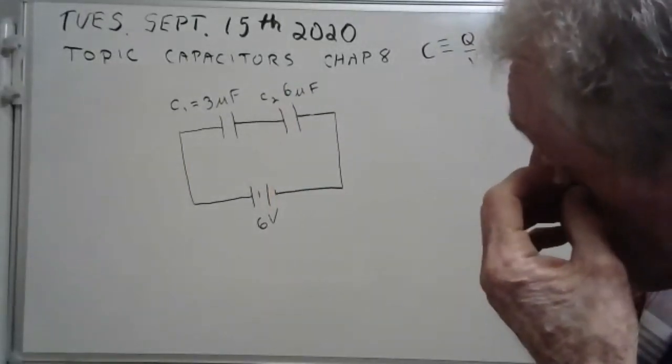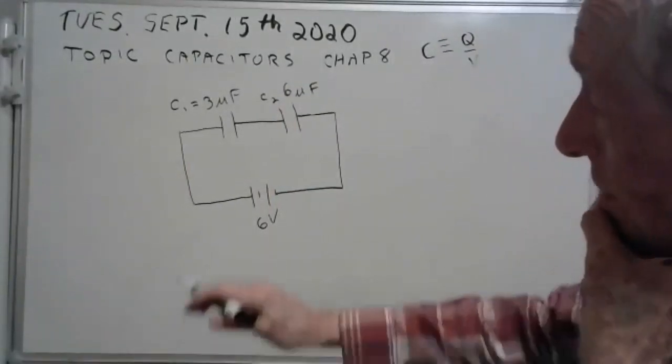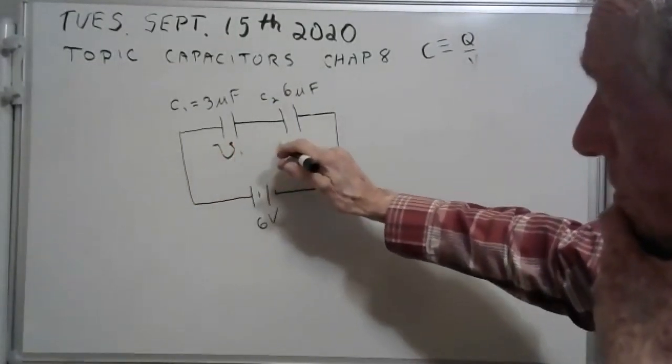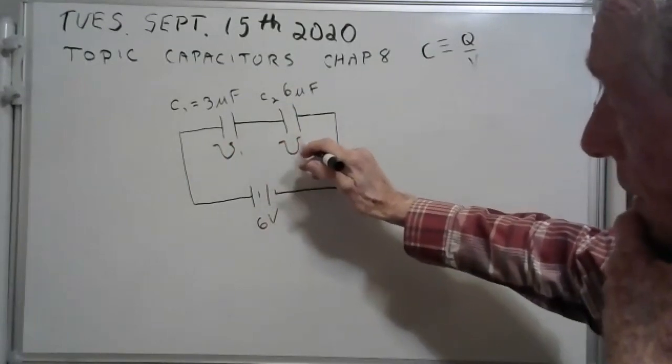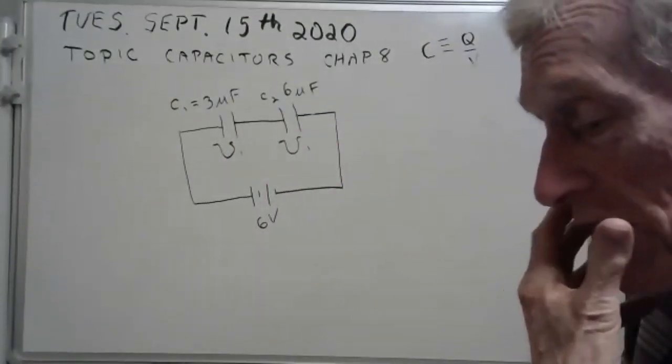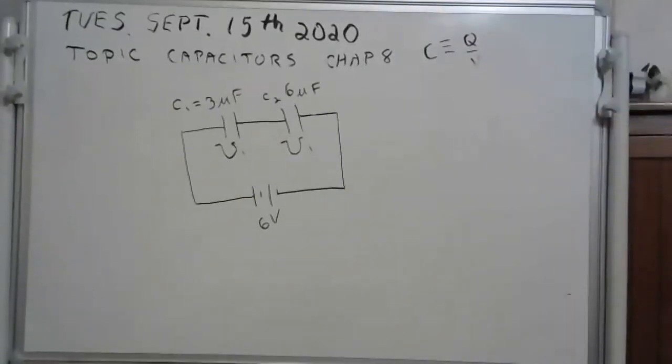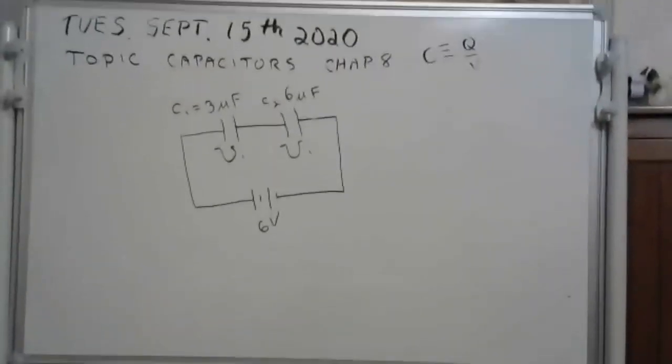And what I need to know is what the energy is in each one. Now that's a little harder, isn't it? That's a little harder. I'm going to shut up and let you work on it though for a minute.